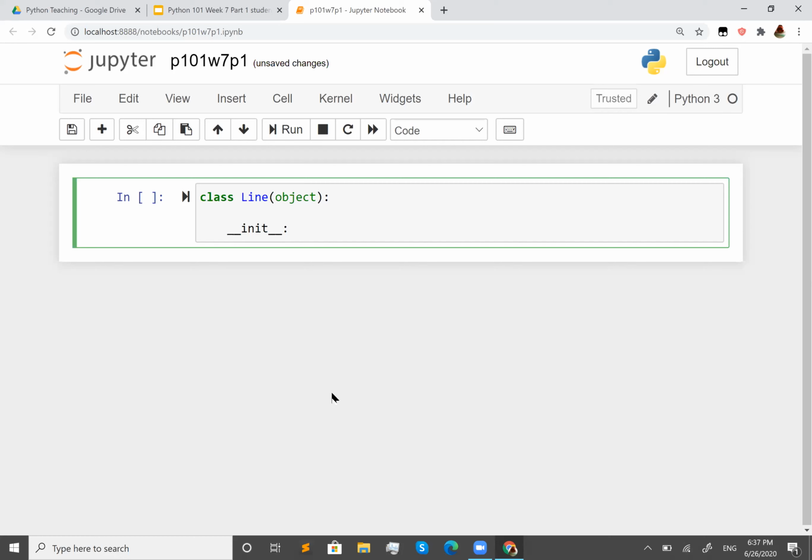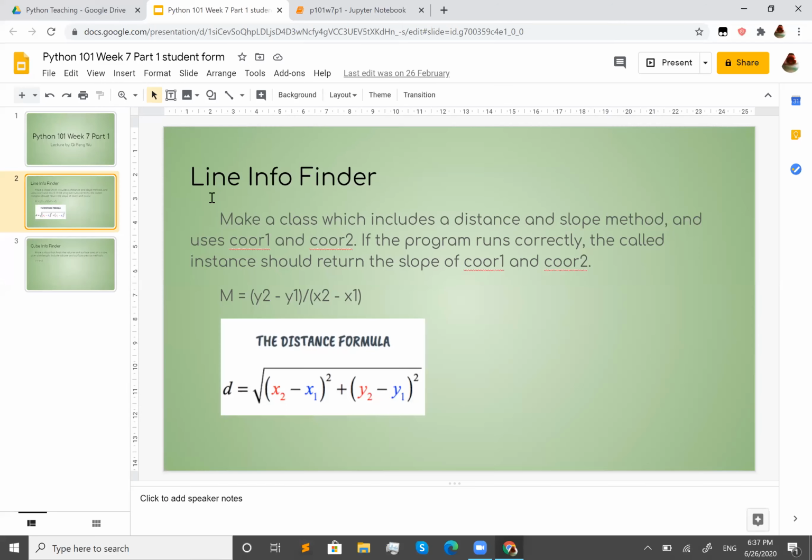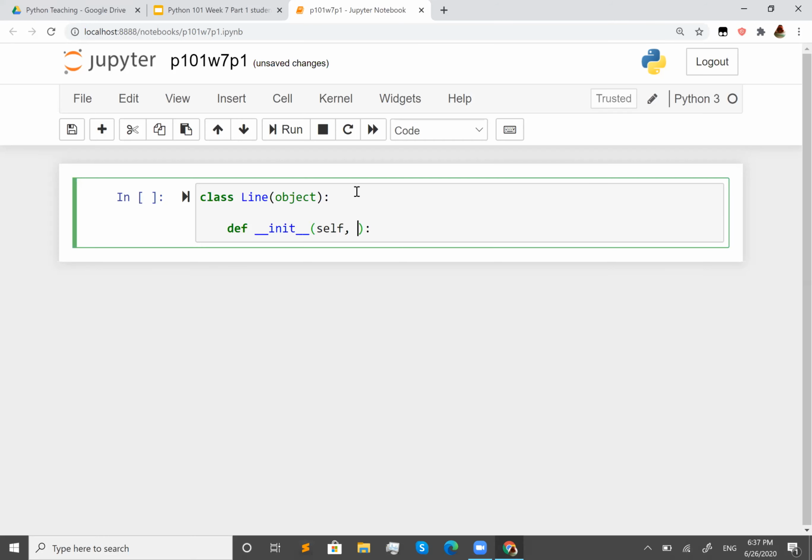Okay. So you have to put a define. Yes, exactly. Ross forgot to define it, and one thing you're gonna notice is when the init is black, you know something is wrong, because when you put def in front, it turns blue. Now we're gonna add self, and because in case you haven't read the problem, there's coordinate 1 and coordinate 2, so we're gonna add coordinate 1 and coordinate 2.